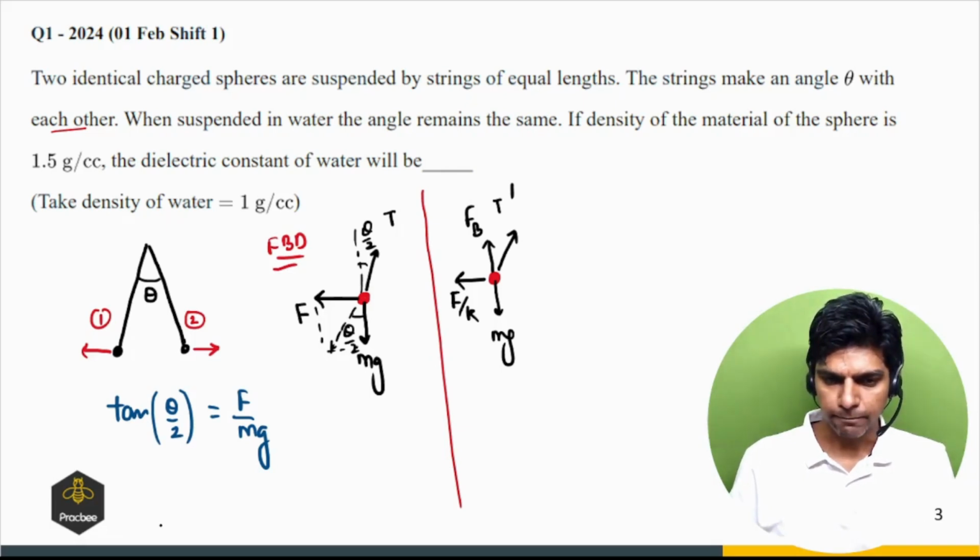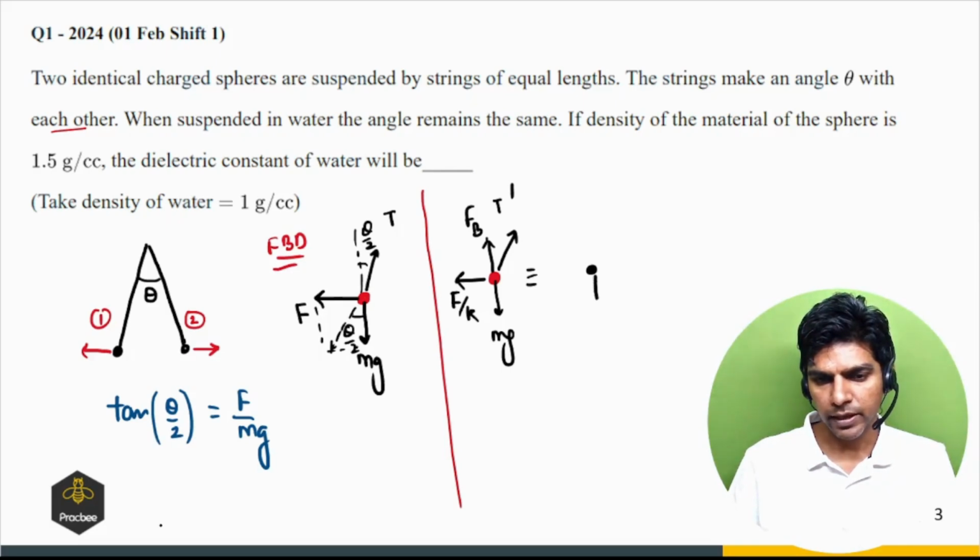So what we can say is this T prime will be opposite to the resultant of F by k, Fb and mg. And Fb and mg are in opposite directions, so mg minus Fb will be the net force in the downward direction if we add up these two forces, right? So we can show this as mg minus Fb, and there will be F by K in this direction, and this will be T prime.